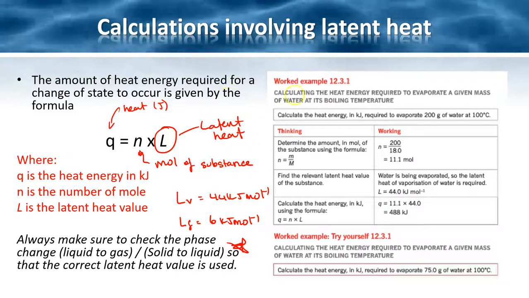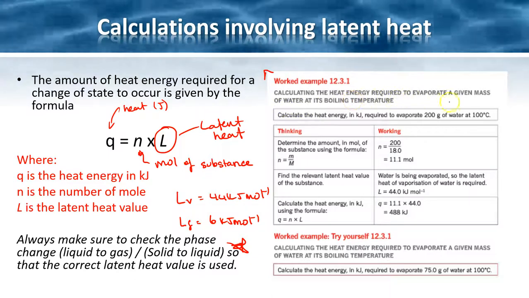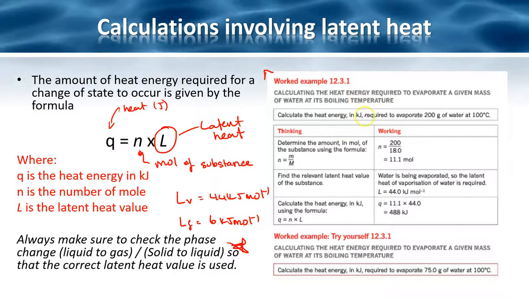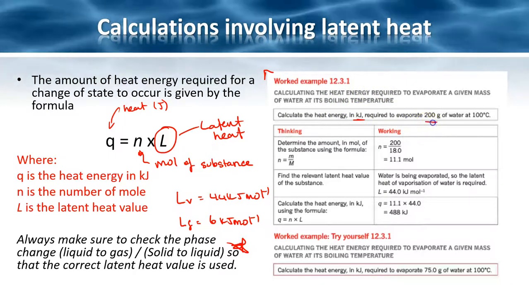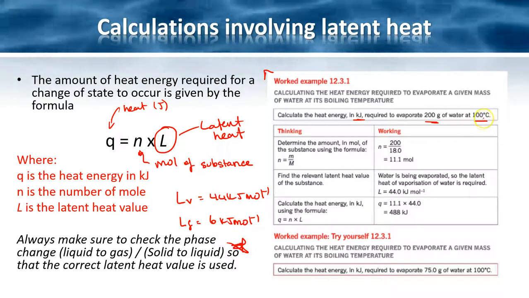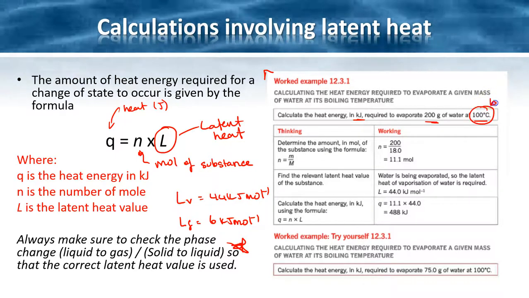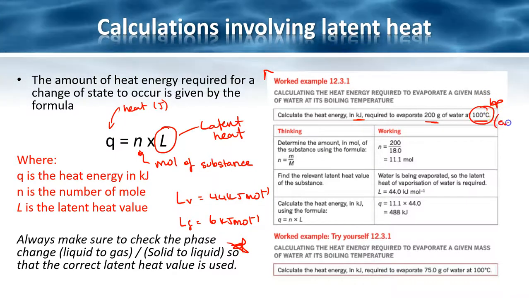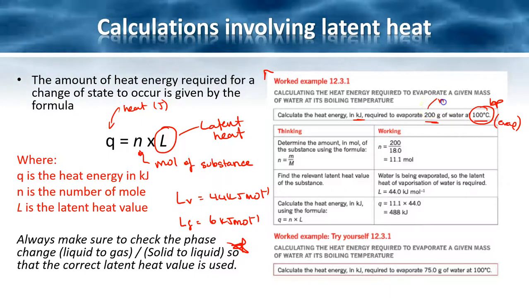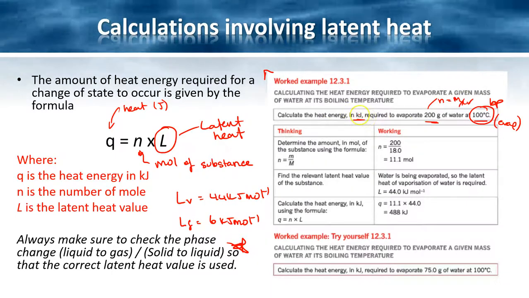This is the worked example from your textbook, where it says calculate the heat energy required to evaporate a given mass of water at its boiling temperature. In kilojoules, 200 grams of water. Remembering now we're not using mass, because we only use mass for Q equals mc delta T. We're at the boiling point, so this is going to be evaporation. 200 grams, we're going to need to convert that into mole, and then we're going to get kilojoules.